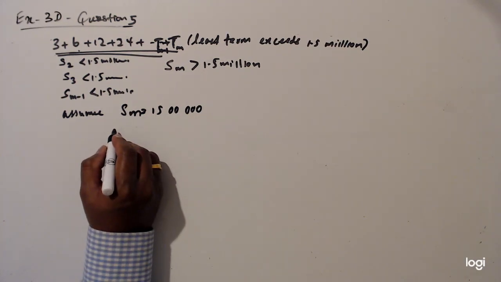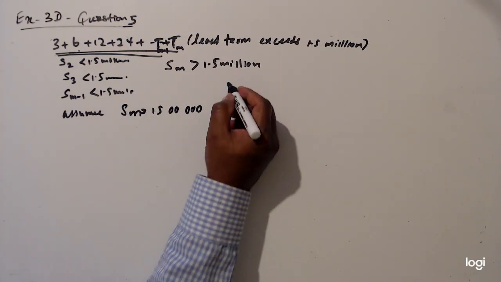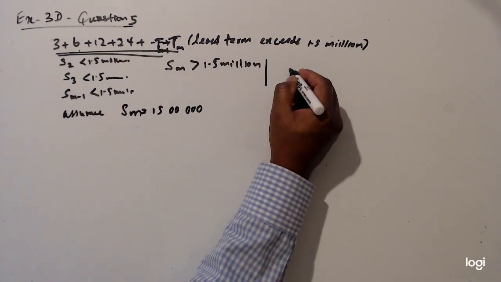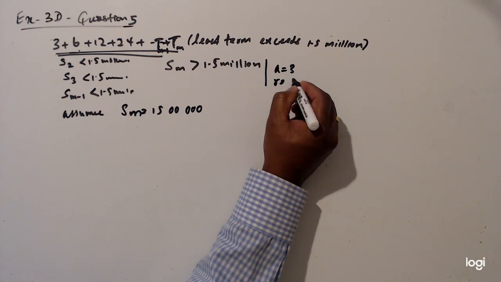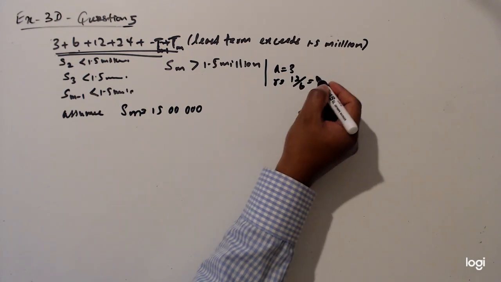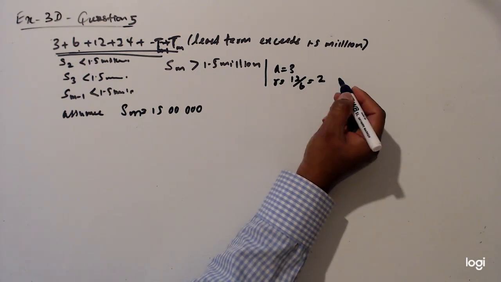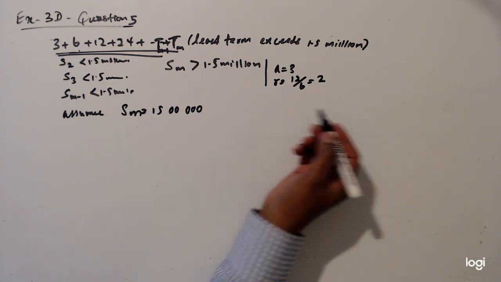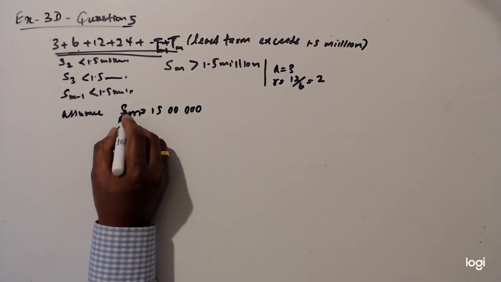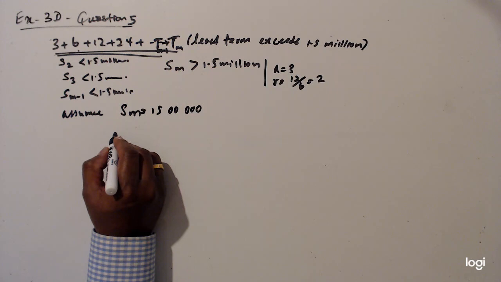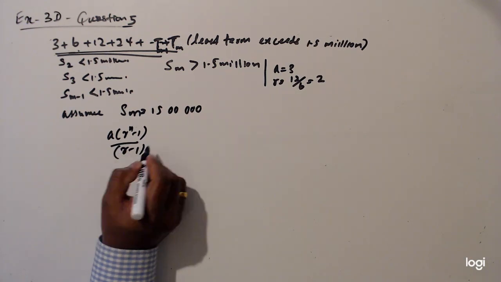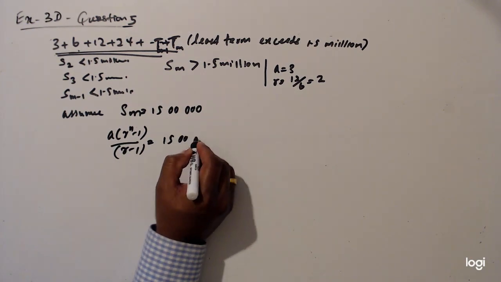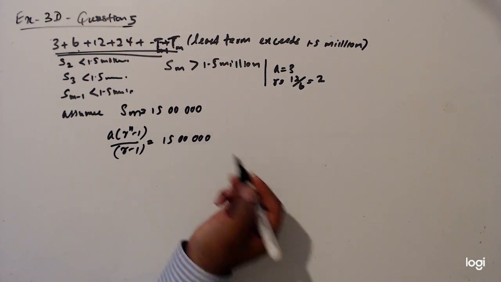Sm we can write. First of all, we'll write what is the A value. A is 3, R is 12 divided by 6, which is 2, and so Sm we can write A(R^n minus 1) over R minus 1 equals 1.5 million.